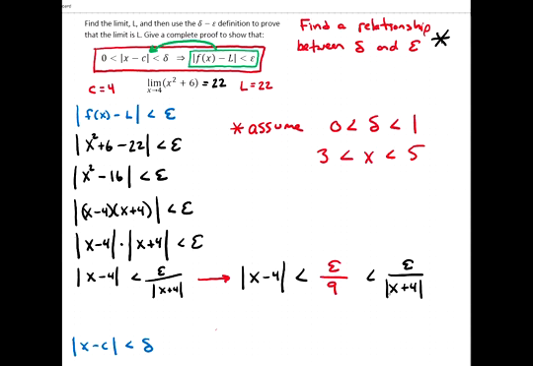Well, if we're only considering x values between 3 and 5, not equal to 3 and not equal to 5, then based on this statement, we could say these two things. The larger the bottom of our fraction, the larger the denominator, the smaller the overall value.